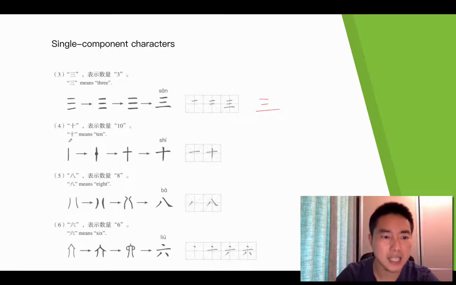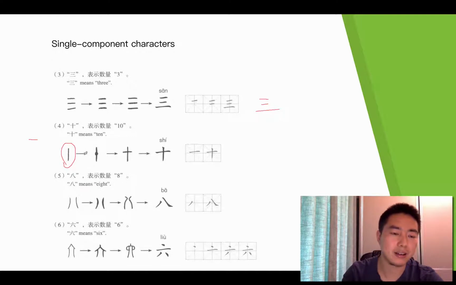So for 10, if you notice, the 一 is just a horizontal. So our ancestors made 10 a vertical, but it's still confusing, right? Because sometimes the vertical can be easily placed in the horizontal direction, so it becomes a little bit misleading.